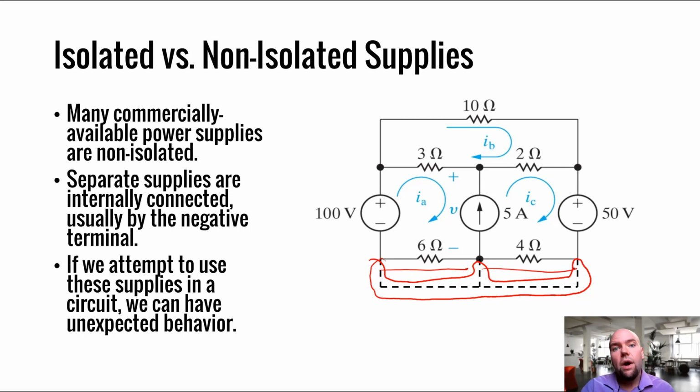This is the reason why isolated supplies are quite useful, especially for building the kind of abstract circuits that we talk about in this class. It's really nice to have supplies that are isolated from one another, so that we can put the supply however we want, in whatever configuration we want, wherever we want to toss a supply in a circuit, we can do it.